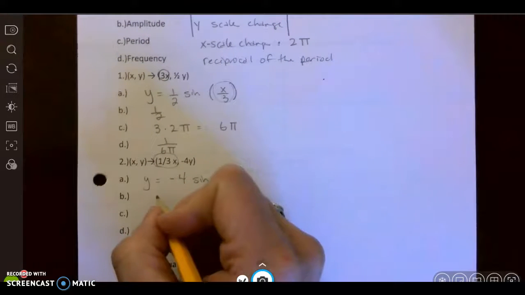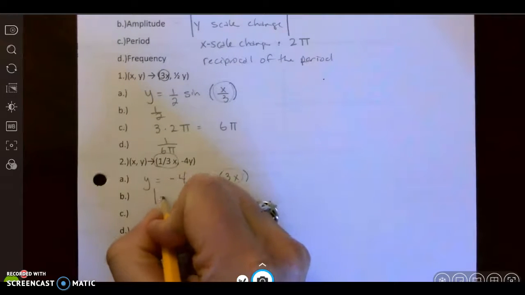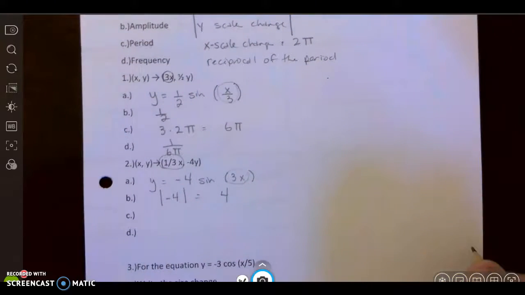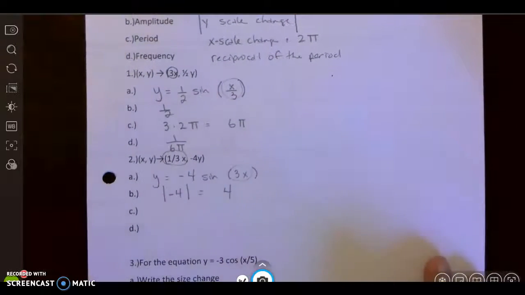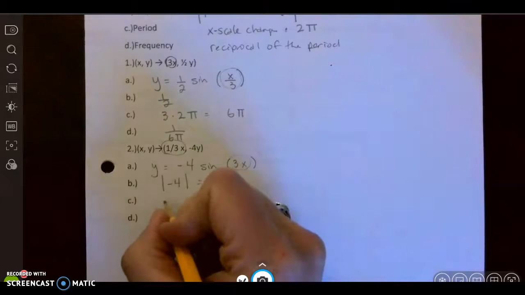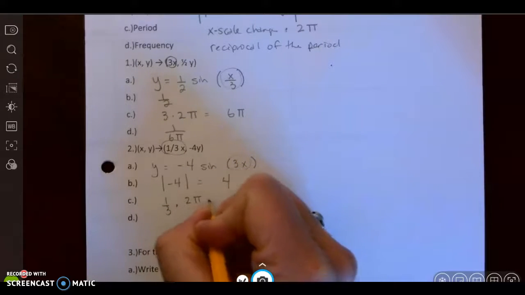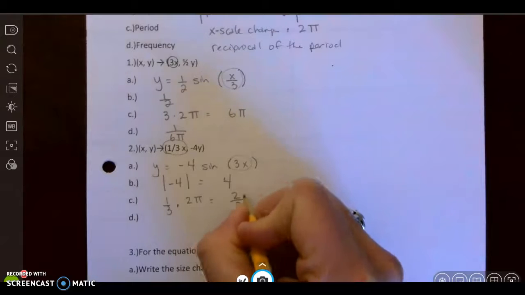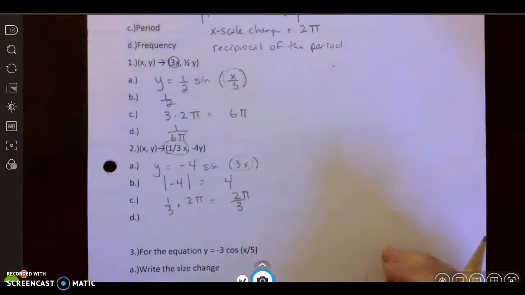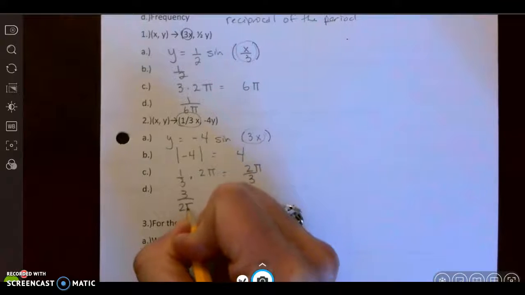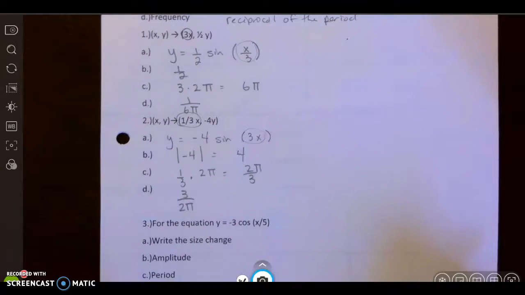The amplitude is the absolute value of the y scale change, so that's simply 4. Part C, the period is 1/3 times 2 pi, so that's 2 pi over 3. Therefore, the frequency is 3 over 2 pi.